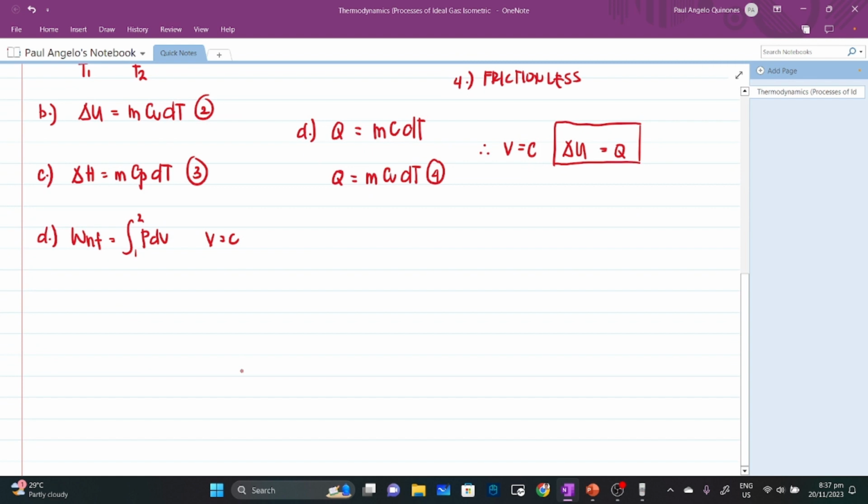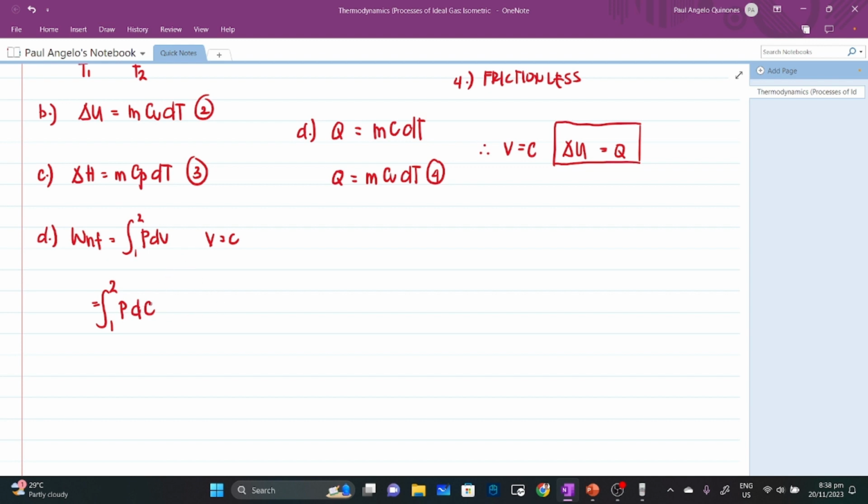So since the volume is constant, let's substitute it in this term. We will have the integral from point 1 to 2 of P dC, where we substitute V by C. So this term simply implies that we are taking the derivative of a constant multiplied by function P.